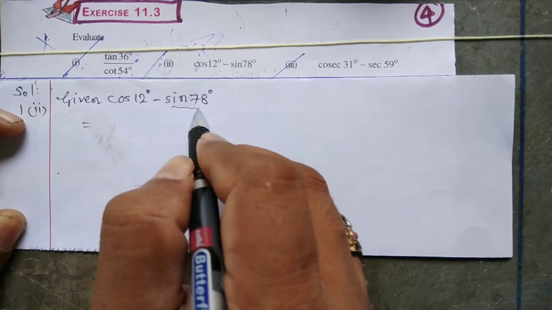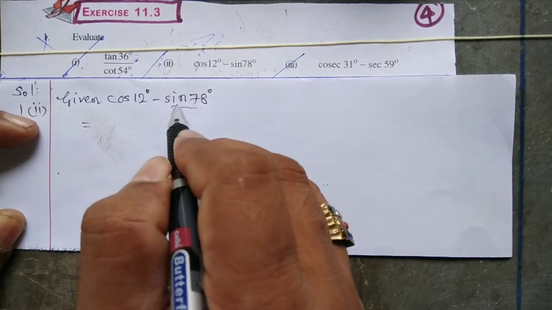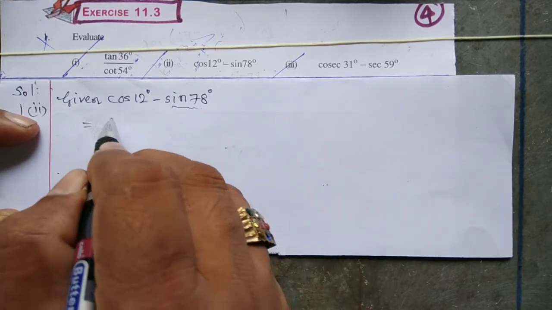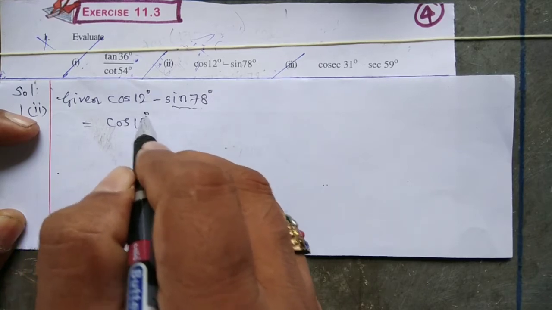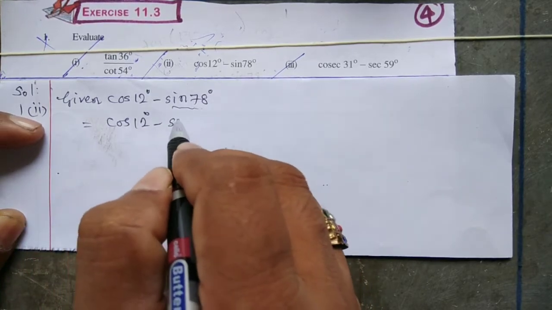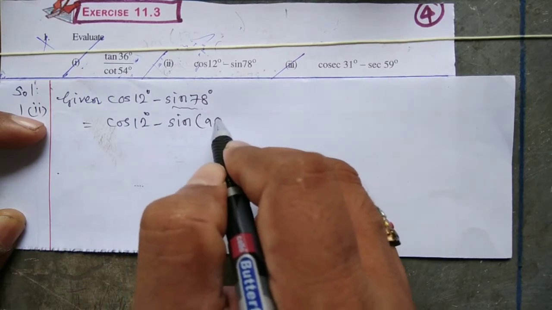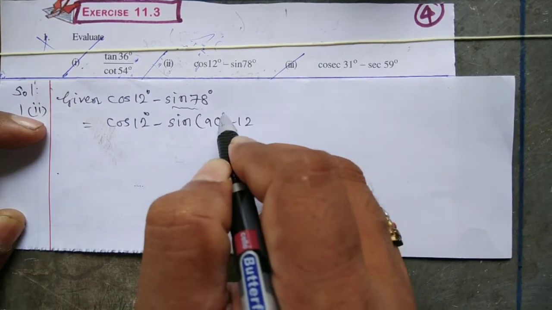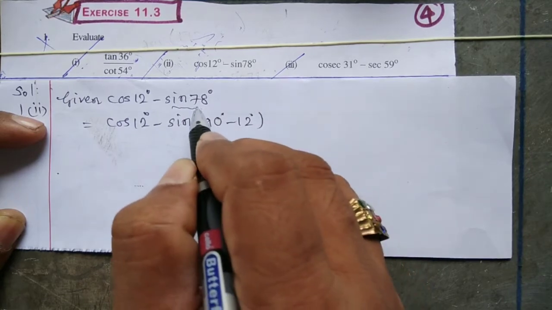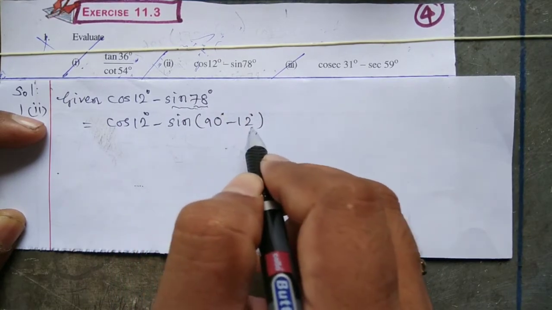We have to change this sin 78 degree in terms of cos. Cos 12 degree minus sin of 90 minus 12. There is no change. 78 we can write as 90 minus 12.